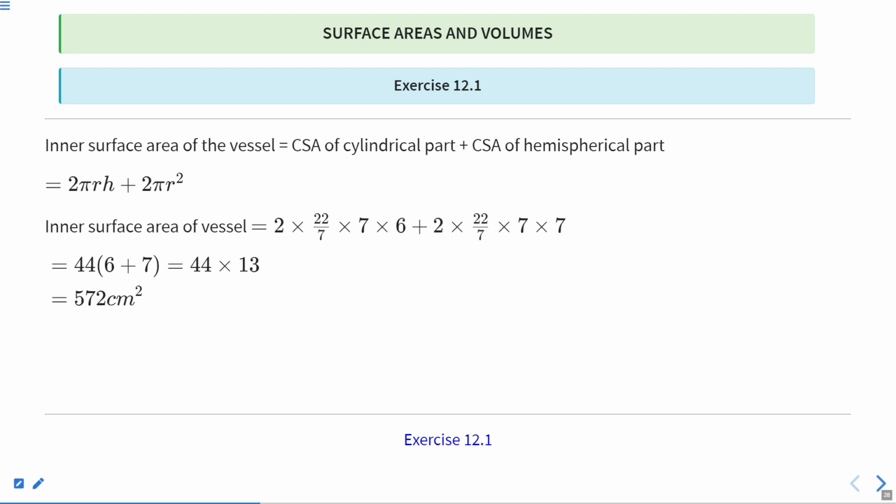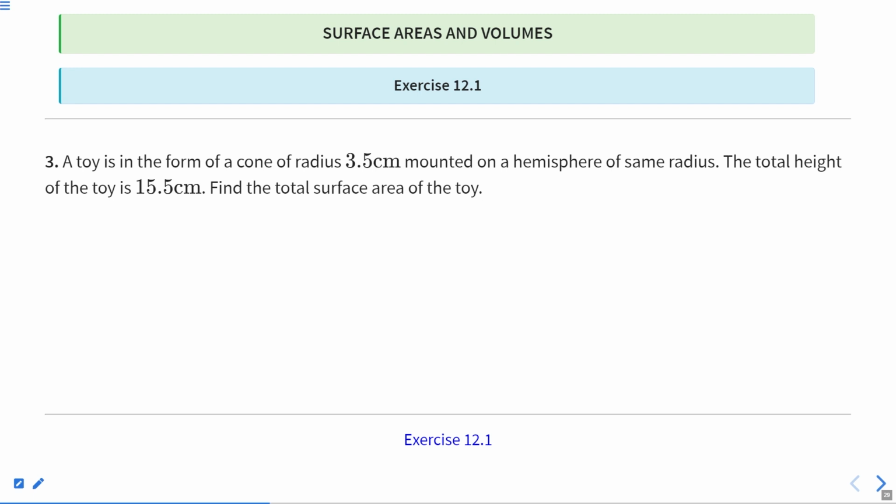Therefore the inner surface area of the vessel is 572 cm square, and this is the final answer. Now let us move to question number 3.